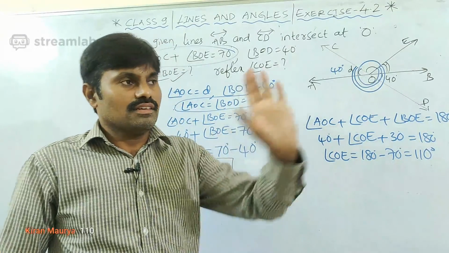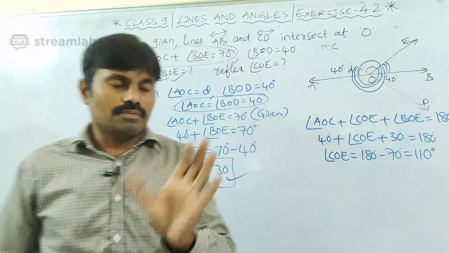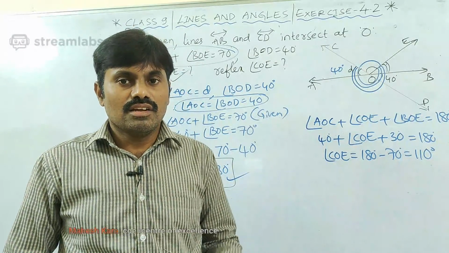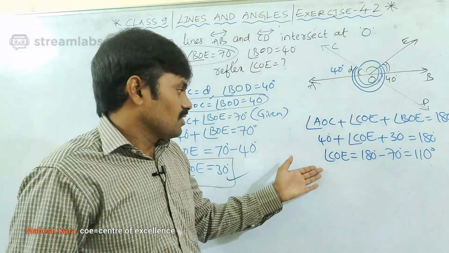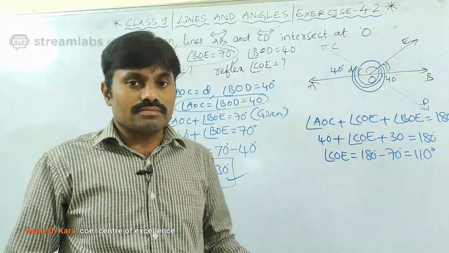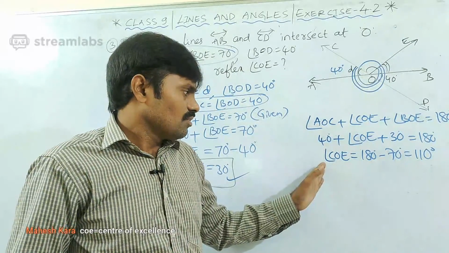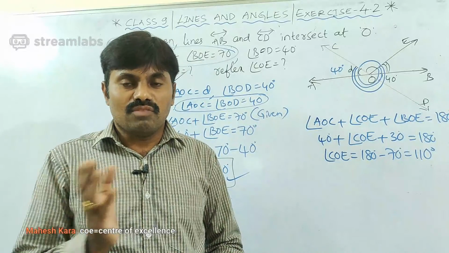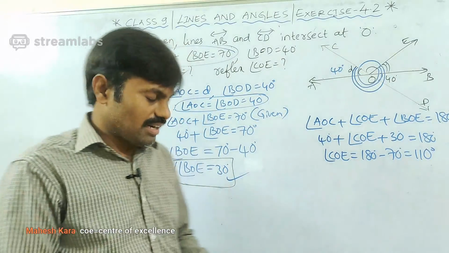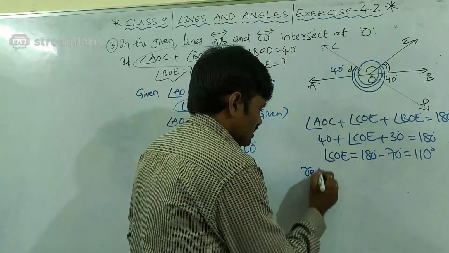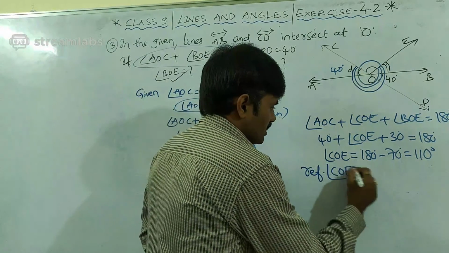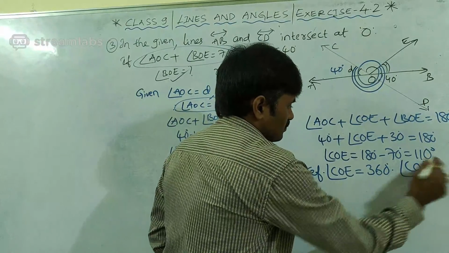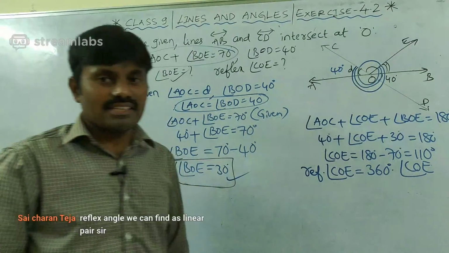Suppose I have taken some angle as 150 degrees; its reflex angle means we subtract 150 degrees from 360. Similarly, the reflex angle of COE is 360 degrees minus angle COE.